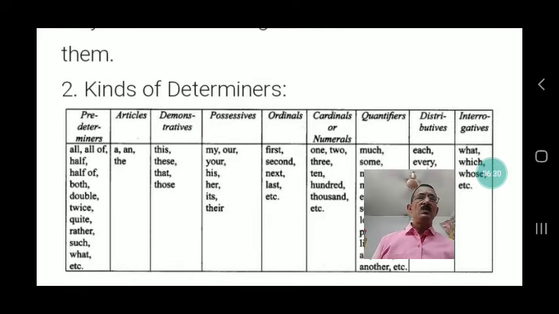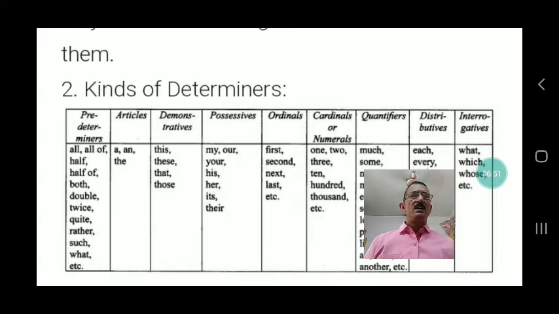My, our, your, his, her, its, their are possessive determiners. Ordinals: first, second, third, fourth, and so on, 101st, 91st, 99th, 67th.